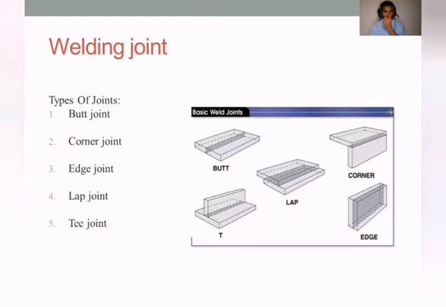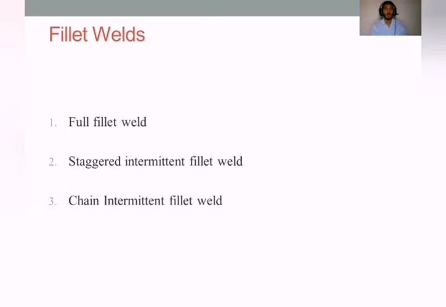Second slide, fillet welds. A fillet weld joins two surfaces at an approximate right angle to each other. There are several types of fillet weld. A full fillet weld is a weld where the size of the weld is the same as the thickness of the thinner object joined together.